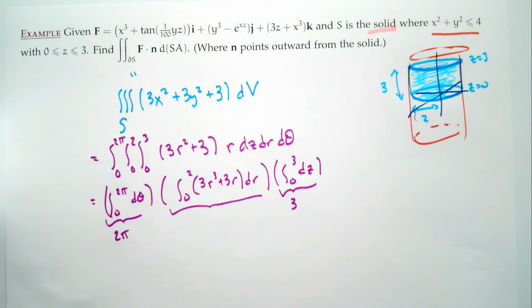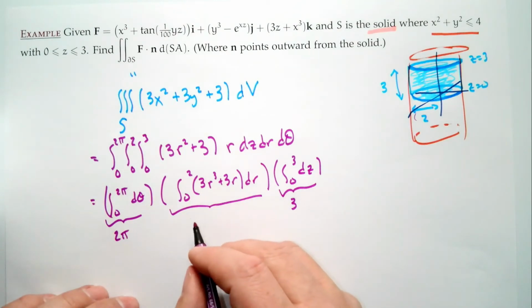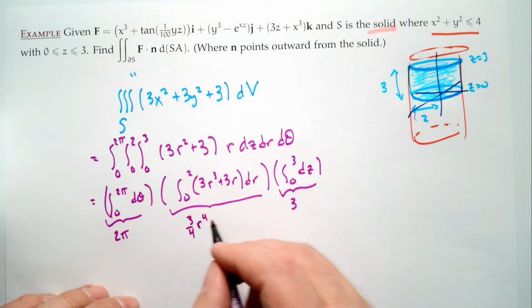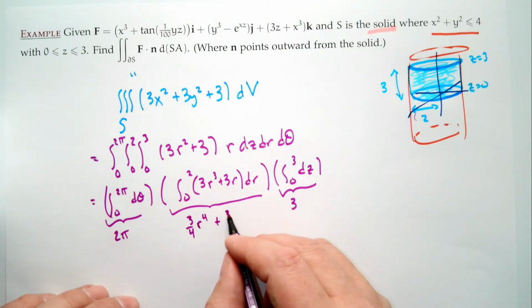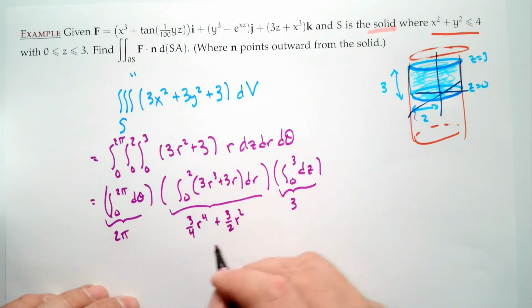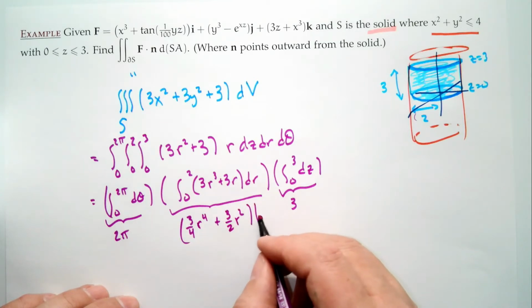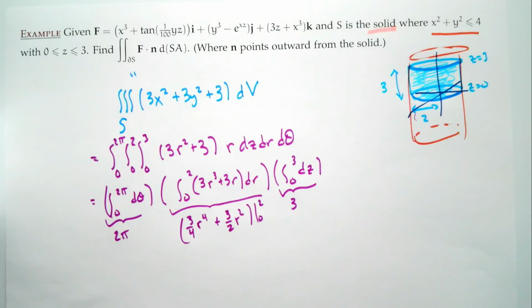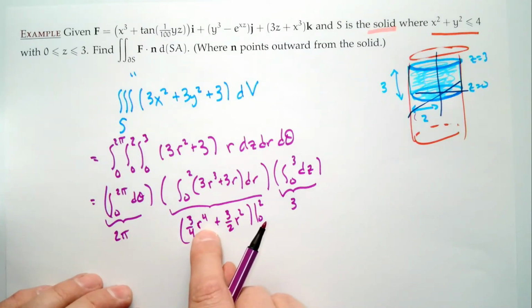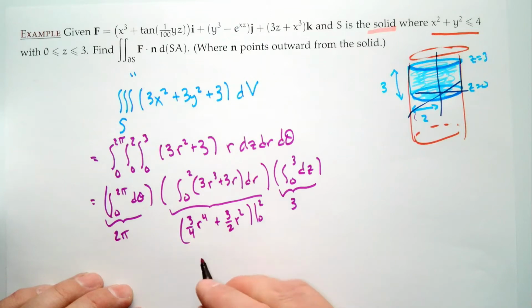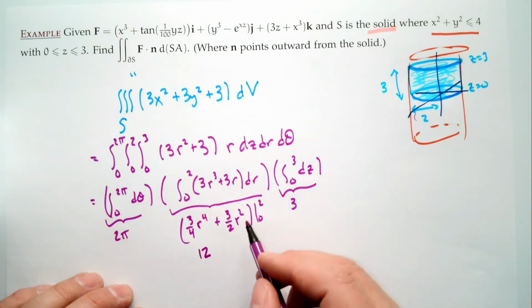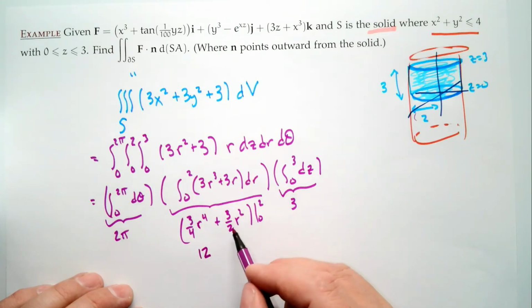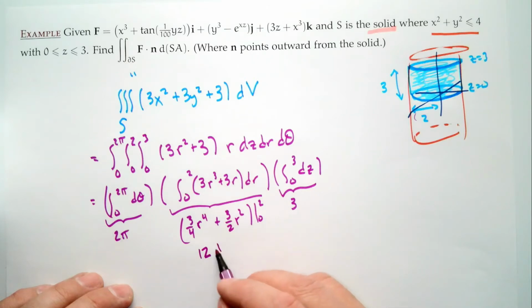What's the integral of 3r cubed plus 3r with respect to r? 3/4 r to the 4th plus 3/2 r squared. Evaluate from 0 to 2. 0 is nice. You get 0. Plug in 2. 2 to the 4th is 16, divided by 4 makes 4, times 3 makes 12. 2 squared is 4, divided by 2 makes 2, times 3 makes 6.